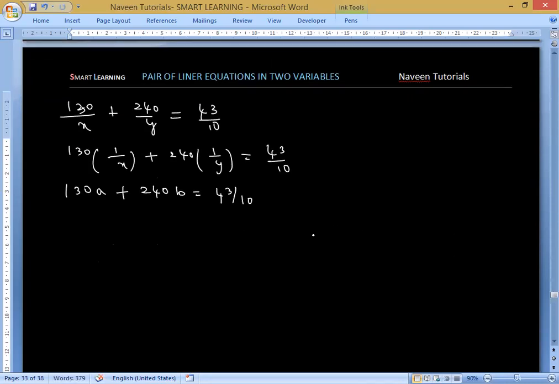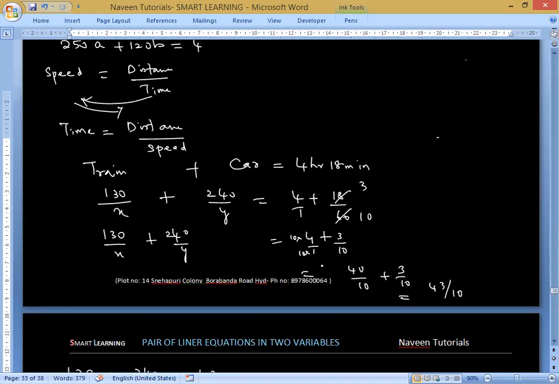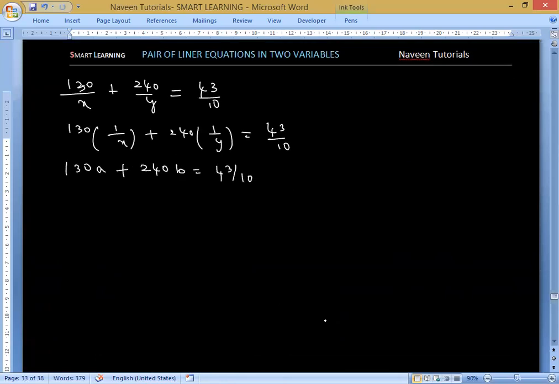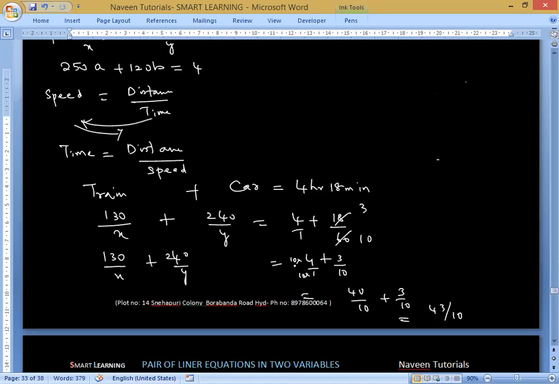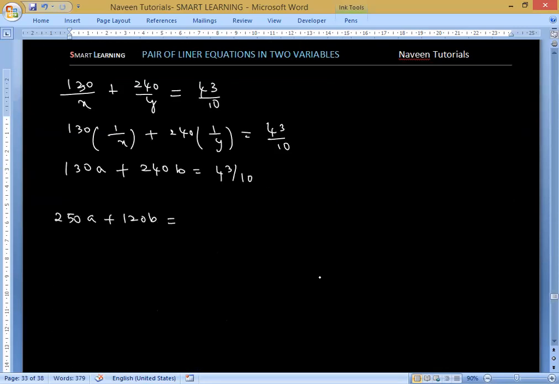Now I'll write the first equation which we formed: 250a plus 120b is equal to 4. And the second equation is 130a plus 240b is equal to 43 by 10.